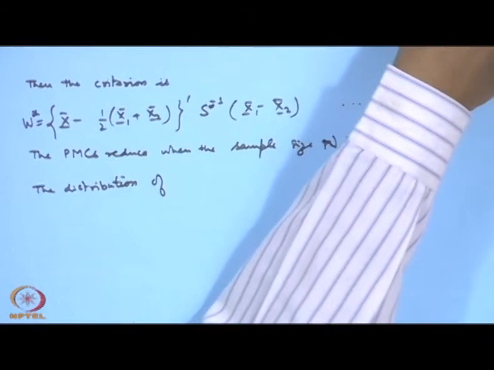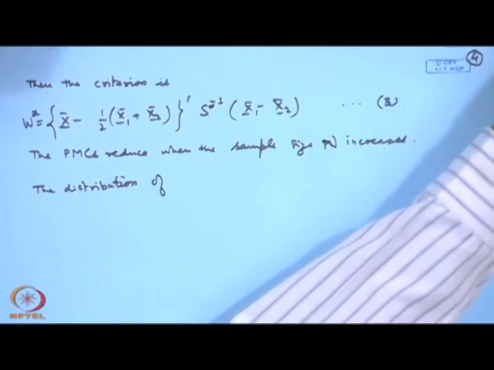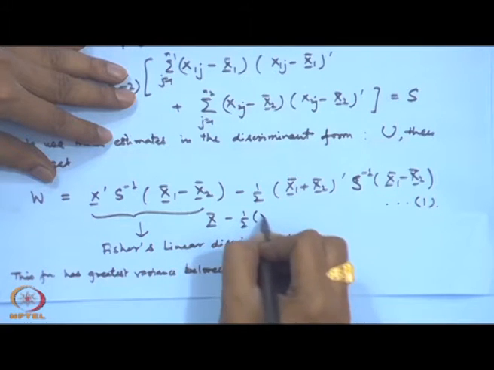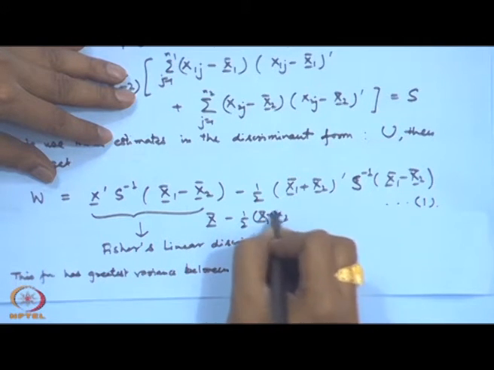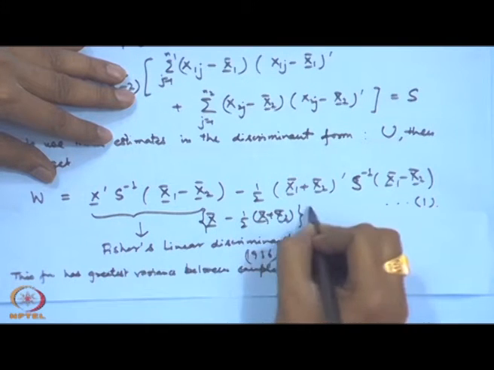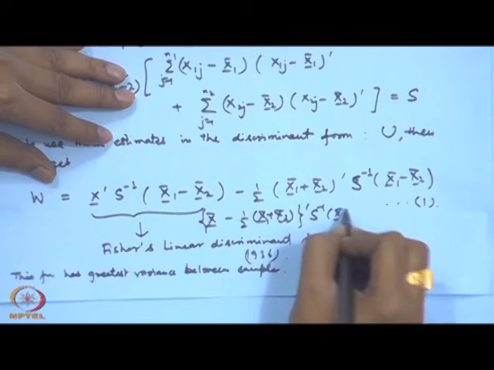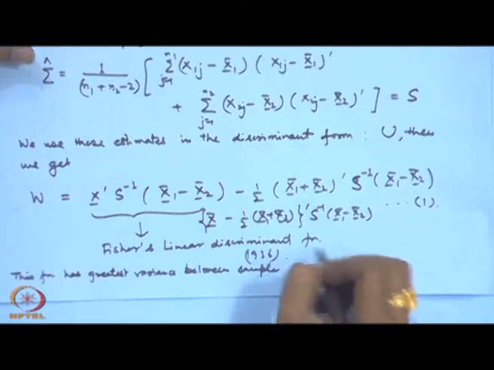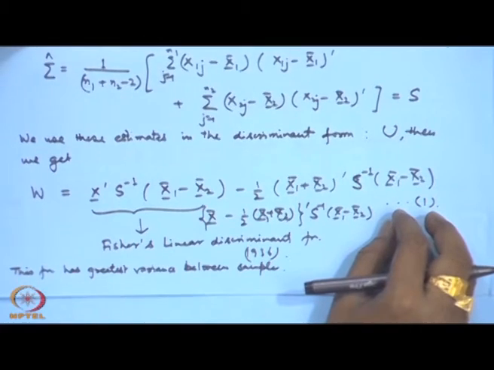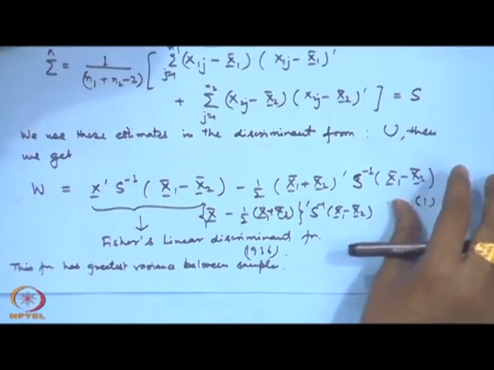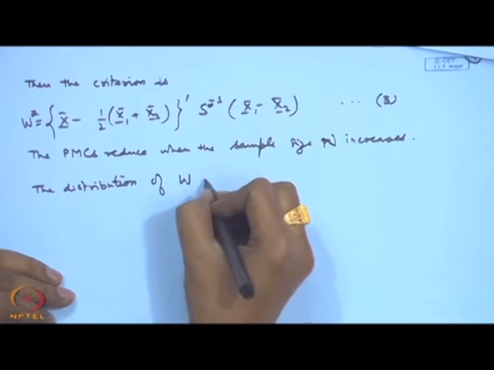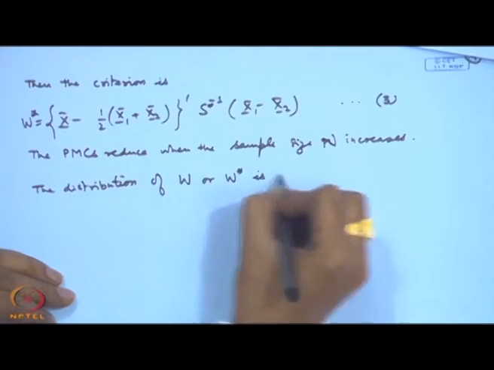So, we have actually either W or W star here, that is this term, which I can write as again x bar minus half (x 1 bar plus x 2 bar) transpose S inverse (x 1 bar minus x 2 bar). Okay. So, this W or W star, the distribution of that will be really complicated. The distribution of W or W star is complicated.